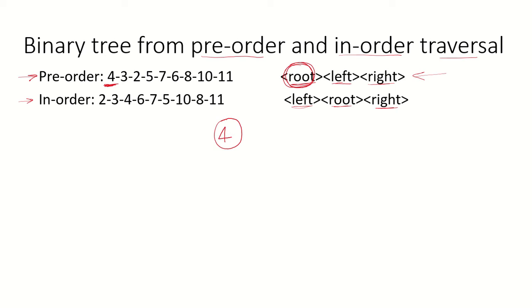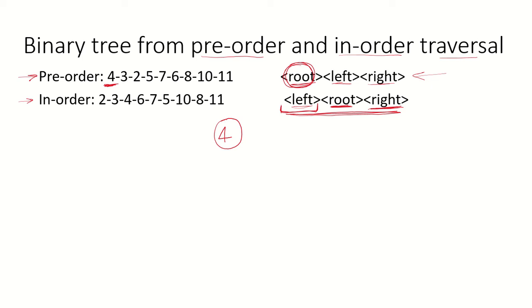Now, which of the elements are in the left subtree of this root node and which are in the right subtree? We can figure that out from the in-order traversal, because all elements to the left of the root node would be in the left subtree, and all elements to the right would be in the right subtree.